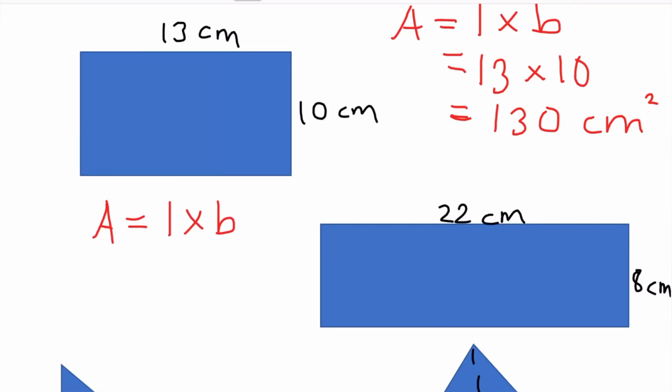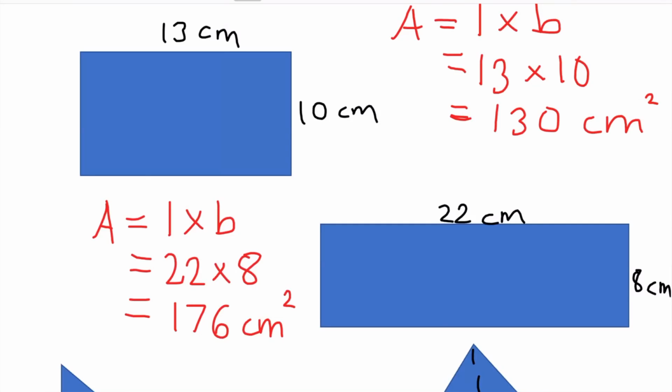That's why it's best if you do a step-by-step method like this. Okay, so here we have 22 into 8, and then you just put the answer down. So our answer will be 176 centimeter squared. Always make sure you put the square symbol and also the correct unit of measurement.